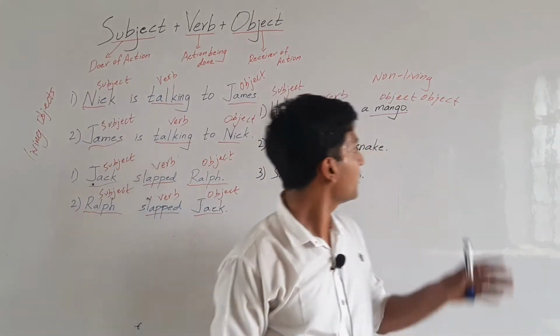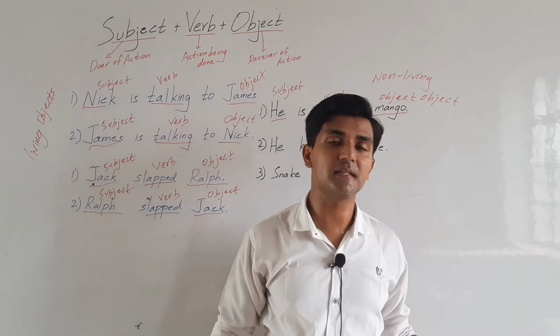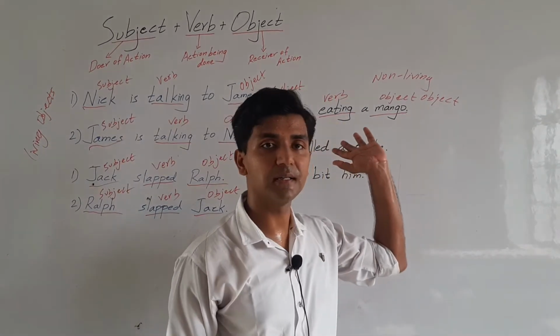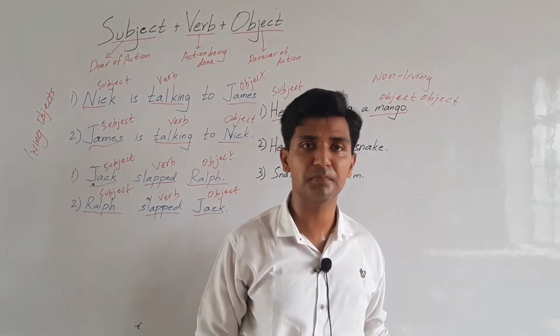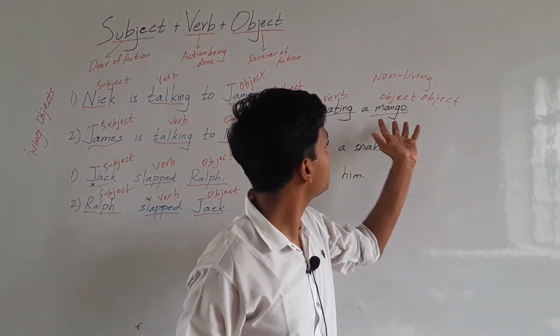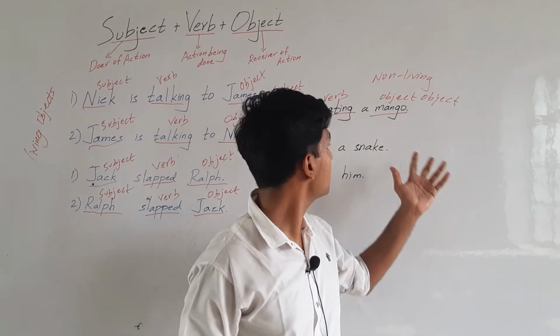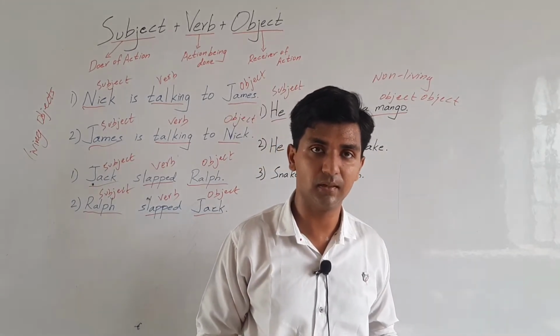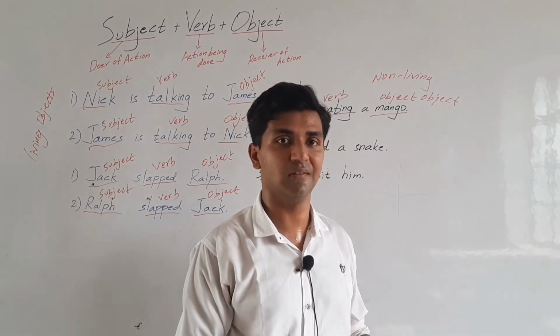In this example, it's a very common and easy example that the mango can't eat the person who is eating the mango, because the mango is an object. Why can't it eat? Because mango is inanimate, it's a non-living object.